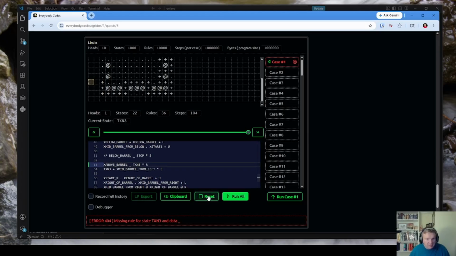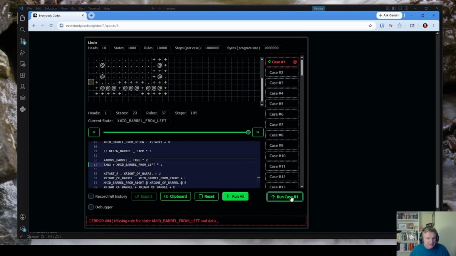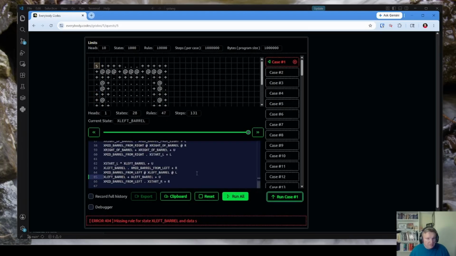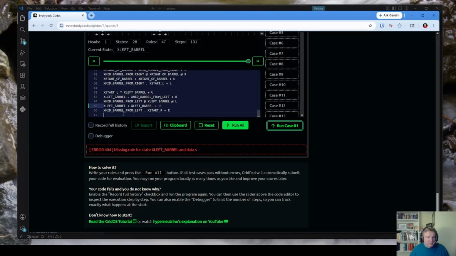Right. Reset, run case 1. Reset. Okay, X left barrel and data S. That is what I was waiting for. X left barrel S stop plus S.